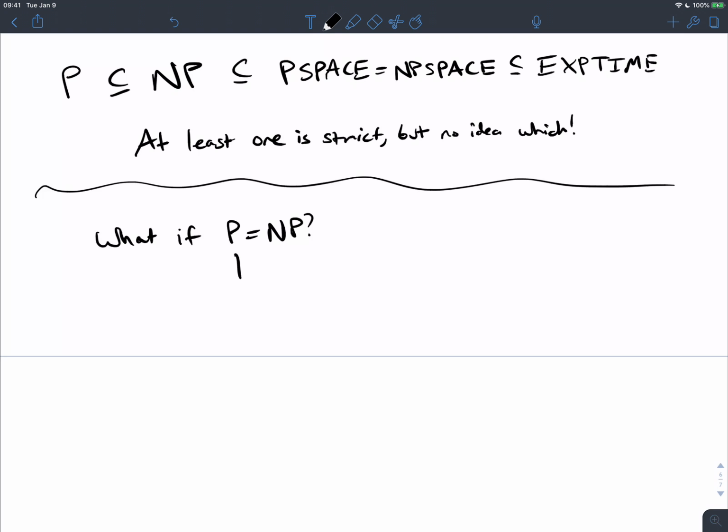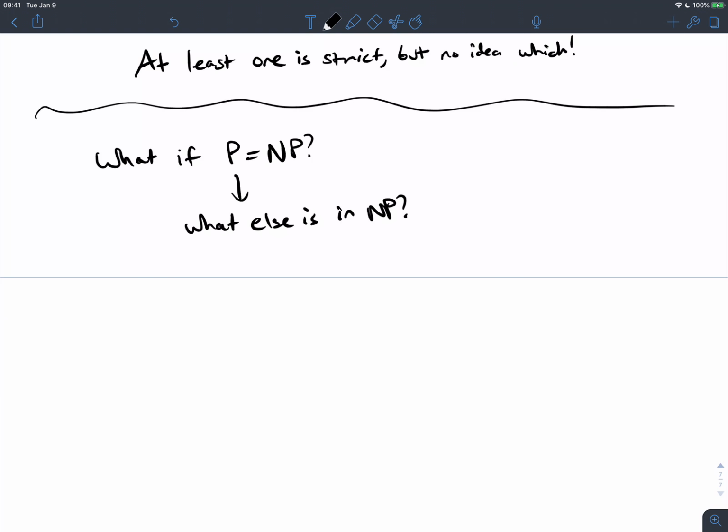And if this is true, what else is in NP? This goes back to the low-for-itself problem that I asked you to do in your problem set. I asked you to show that P to the power P is equal to P. This is actually why I asked that question.